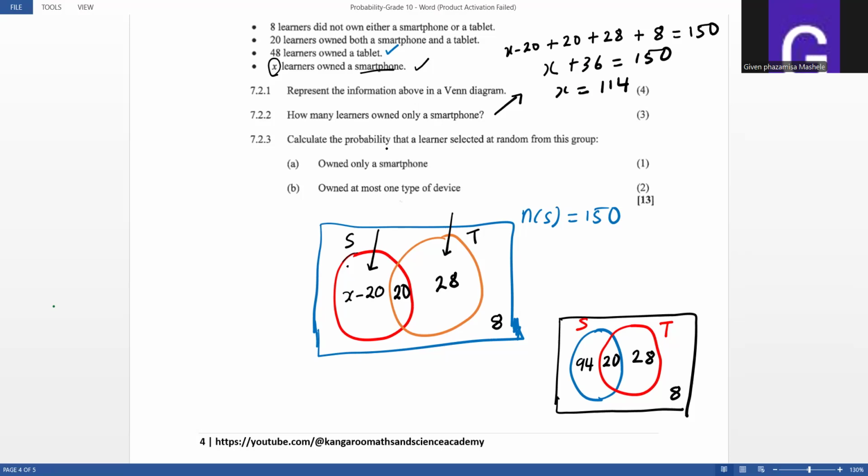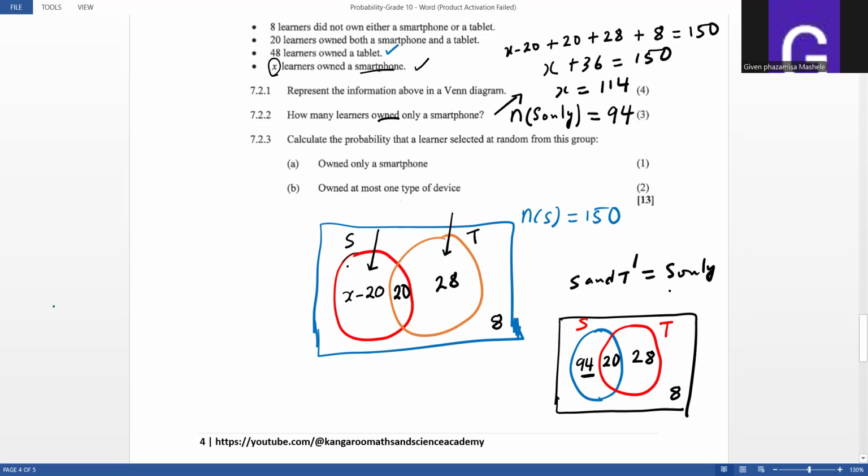But what does the question say? How many learners owned only smartphones? So we want to know the number of learners, not the probability, who owned smartphone only. So it's 94. That's smartphone and not tablet, which is the same as smartphone only.